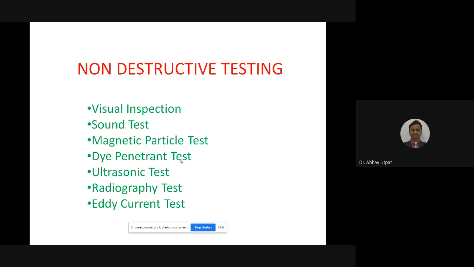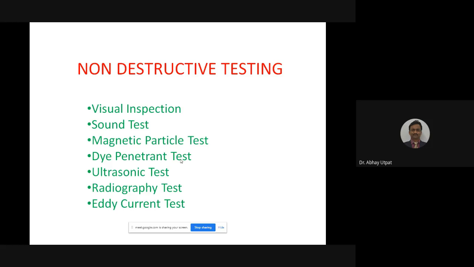Based on that sound you can judge whether the casting or forging or any manufactured component is okay or not. If there is no crack, it will give a good ringing sound. But if there is any crack, not only at the surface but also inside, which may not be visible to you, then it will give a dull sound.